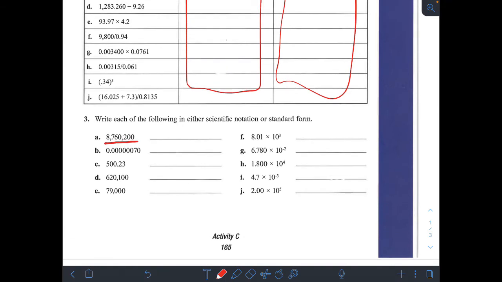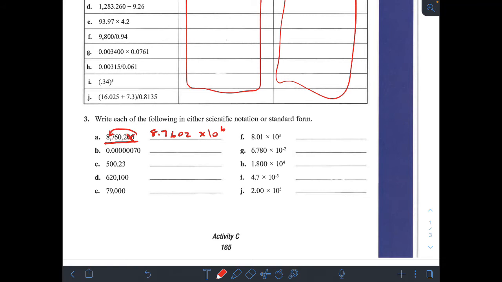So if I'm going to write this number in correct scientific notation, I'm going to keep all the digits until I get to those zeros. So I'm going to write this as 8.7602 times 10 to the 6. Okay, because I still move 6 places to get there, but I'm not going to write down those last 2 zeros. Okay, I write down all the rest of the digits, but not those zeros.